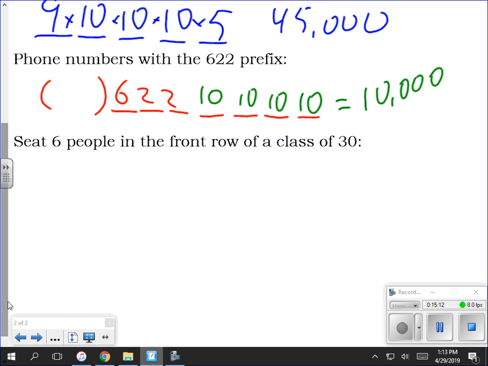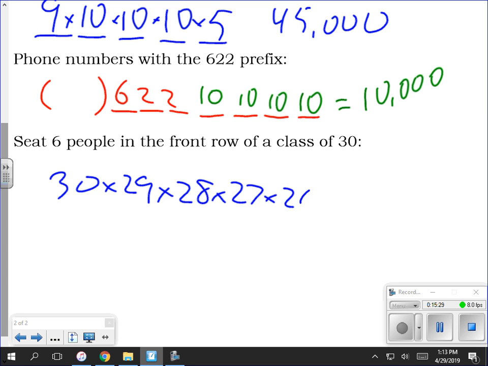And then how many would I have here? 28, 27, 26, 25. So just that first row, 30 kids in the first seat, 29 kids in the next one, 28, 27, 26, 25. So if I have 30 kids in class when I'm making the seating charts, I have how many possibilities for that first row?